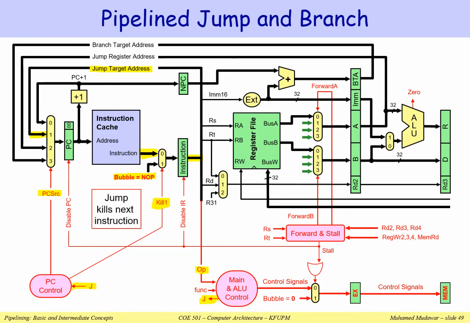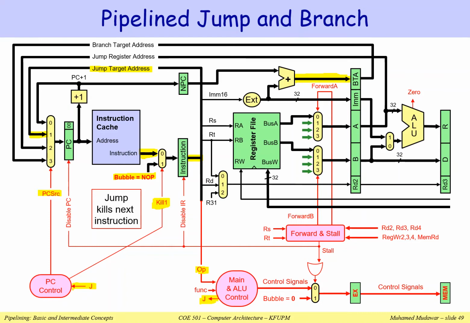Now, how about a branch instruction? In the case of a branch instruction, we are going to decode the branch during the second stage of the pipeline. We can even calculate here the branch target address. I'm using an adder in the second stage of the pipeline. The output of this adder is the branch target address.